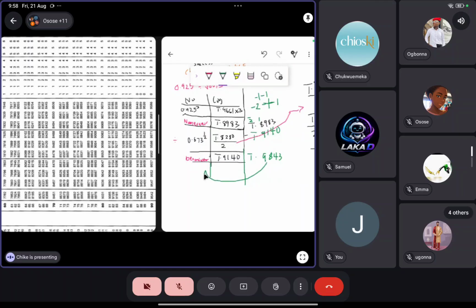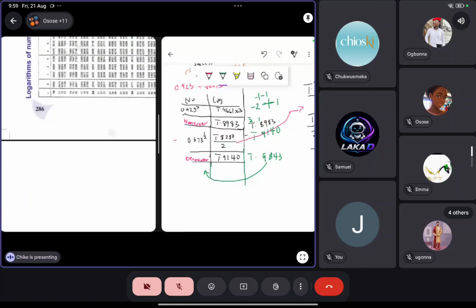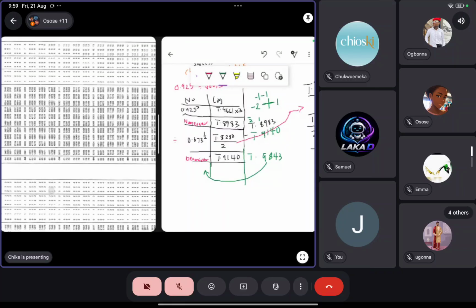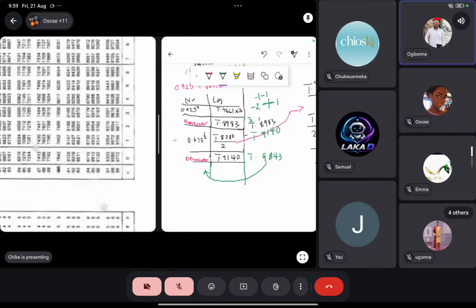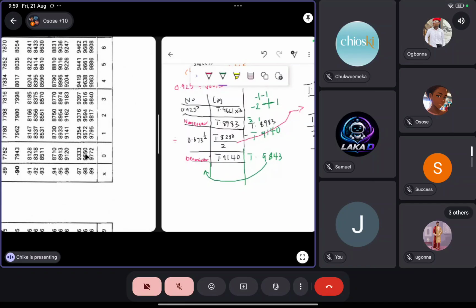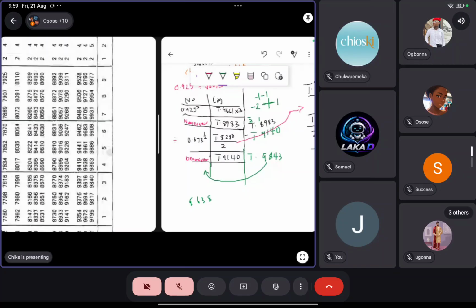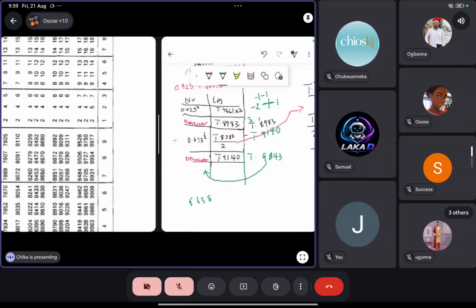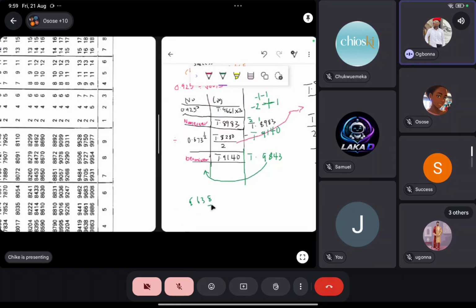Normally I'll look for 0.98 under 4, difference 3. 0.98 under 4 is 9638. Difference 3 here is 7. Let's add 7. That gives me 9645.